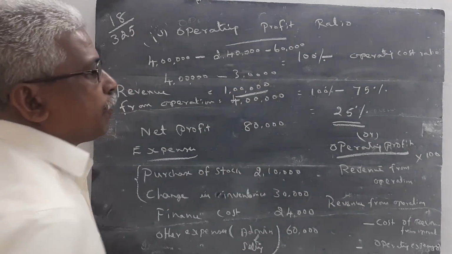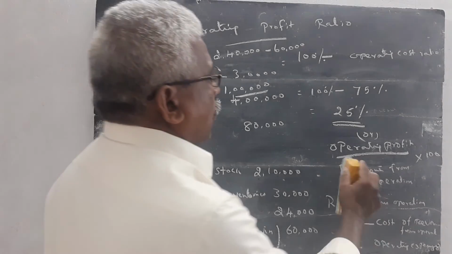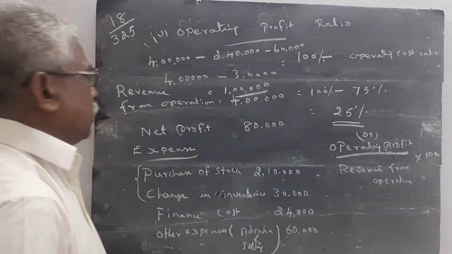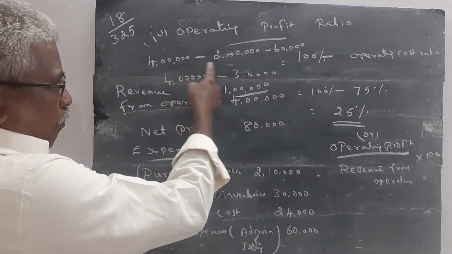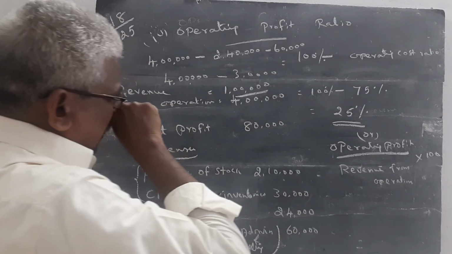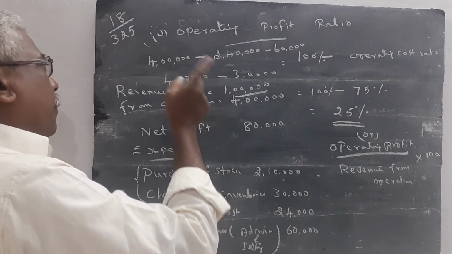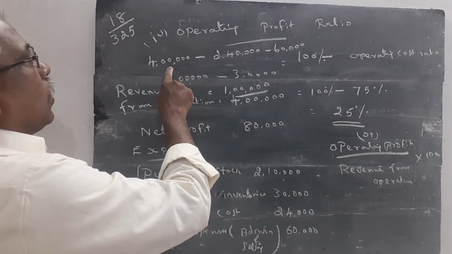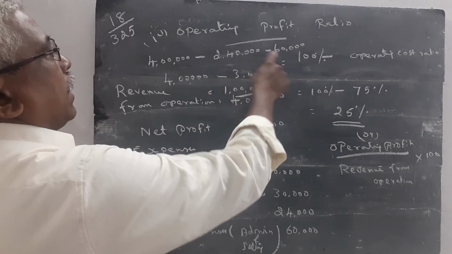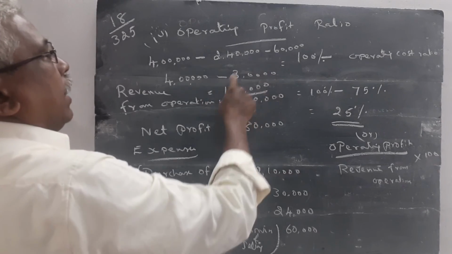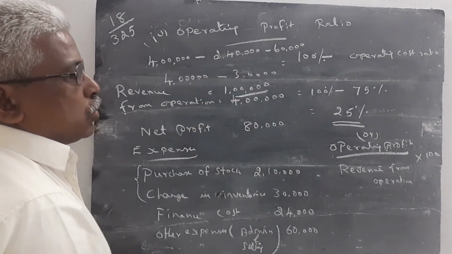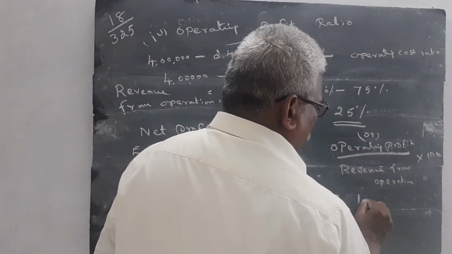So operating profit is equal to 1 lakh. How do we get this 1 lakh? Revenue from operation 4 lakh minus 2,40,000 minus 60,000. The minus figures are added: 4 lakh minus 3 lakhs is equal to 1 lakh.